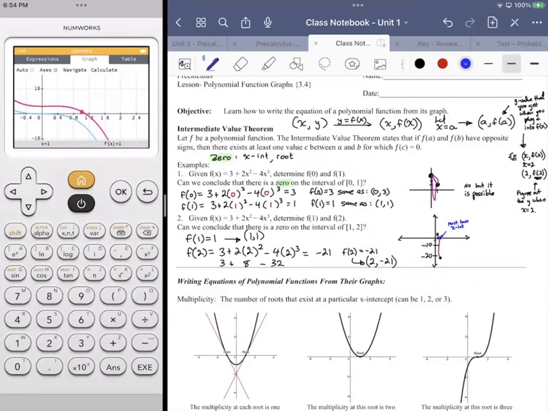Then I go through the x-intercept. So let's say I go to 1.5. That now has a y value that's negative. f of x is equal to -6. It transitioned from a positive y value to a negative y value.